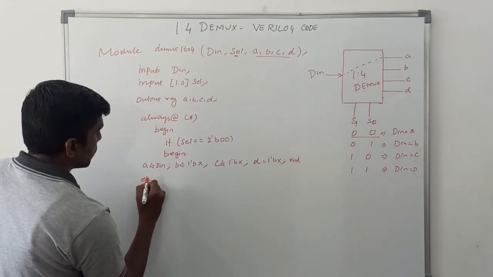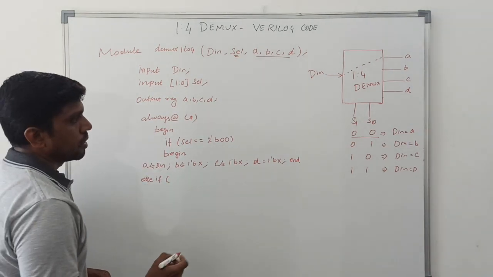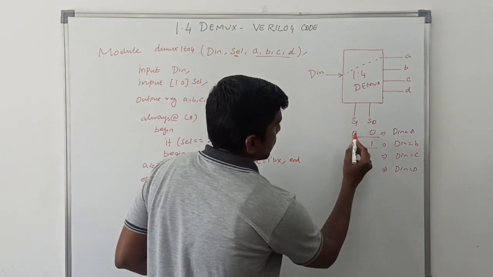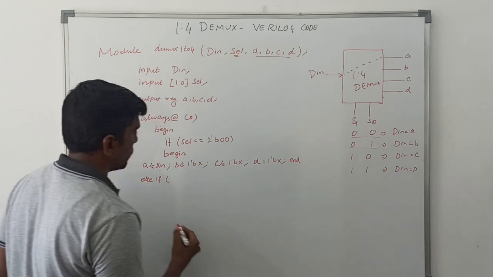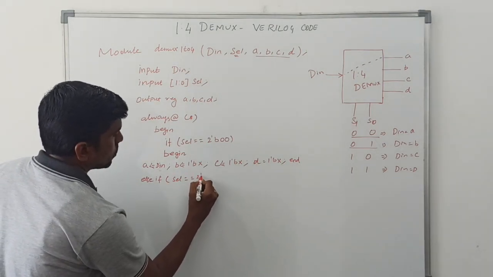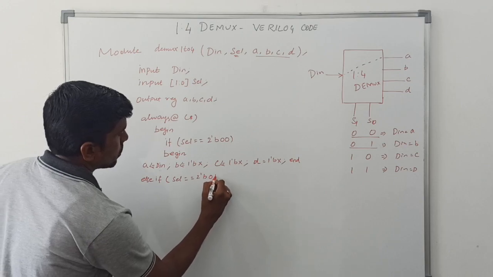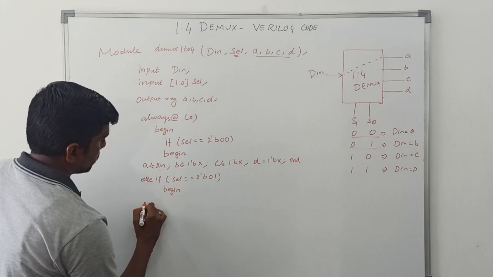Then else if. Now go to the second case, the selection line value S1 and S0 is 0 1. So selection equals 2'b01. Then begin.